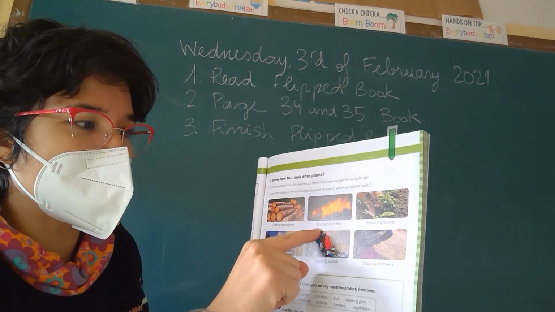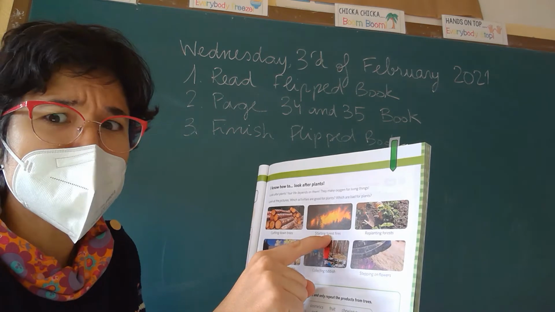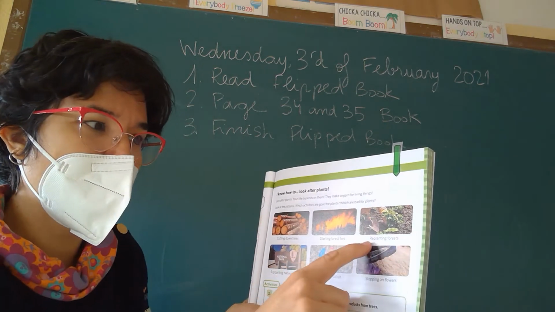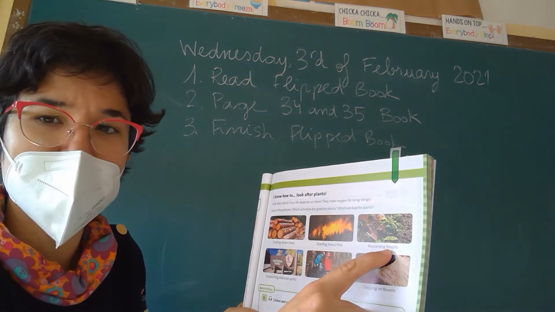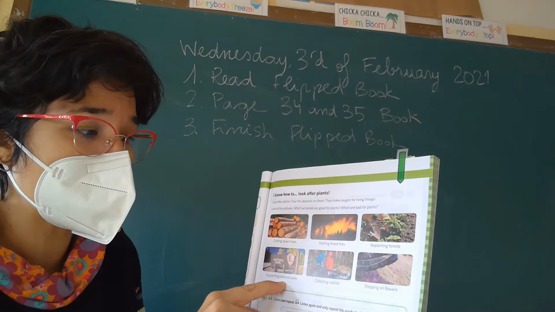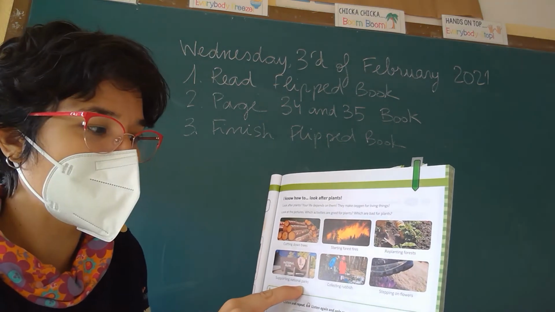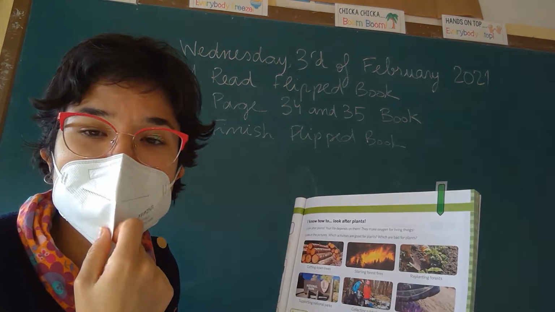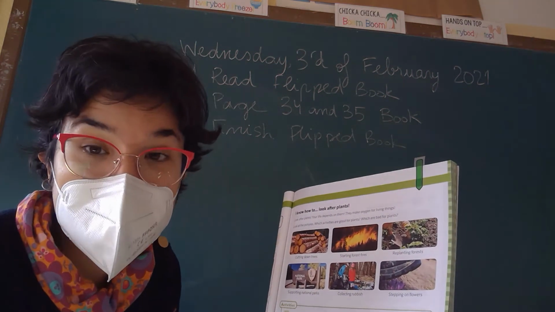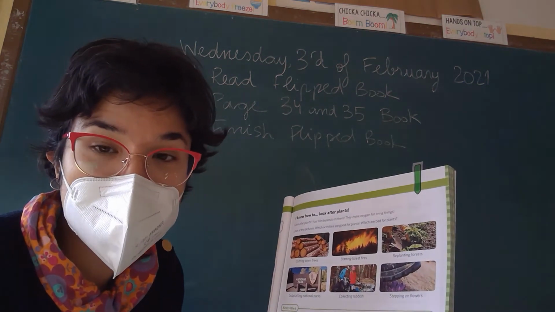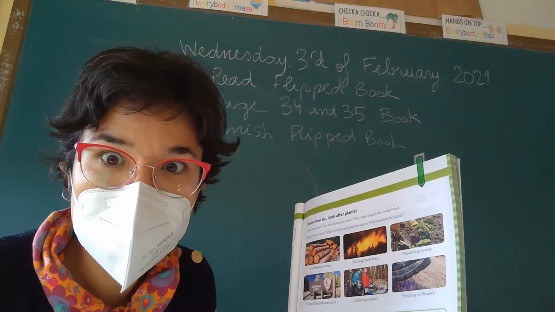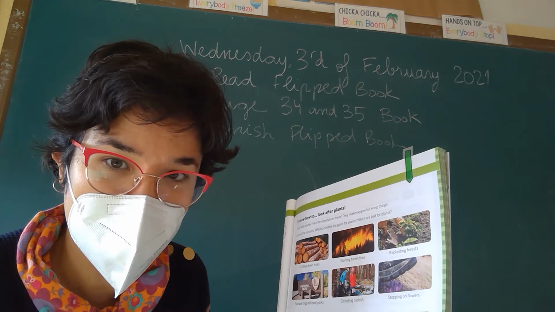Bad. Starting forest fires, good or bad? Bad. Replanting forests is good or bad? Good. Supporting national parks? National parks are special places protected. Aquí en Madrid tenemos distintos parques nacionales, ¿vale? y se usan para proteger a la fauna y a la flora.